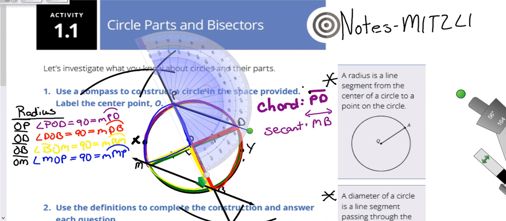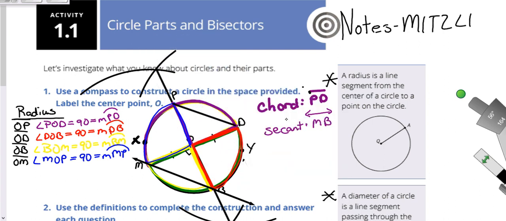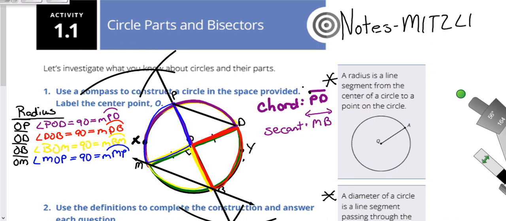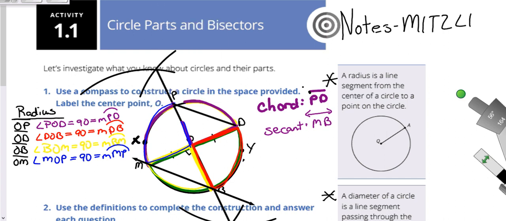I don't know if all that was worth having that out there. But this is a 45-degree angle in here. There we go.